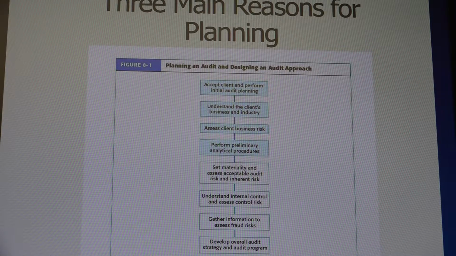And as the book points out, the first 7 parts are intended to help the auditor develop the last part, the overall audit strategy and audit program. In this chapter, we're going to talk about the first 4 of these 8 factors.